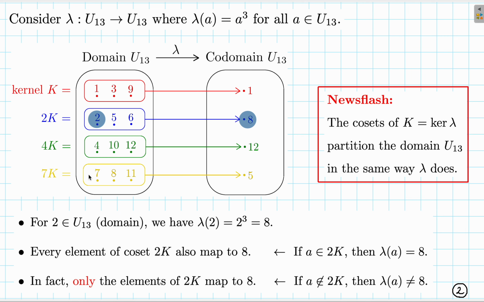So only the elements of 2K, that coset, map to 8. So if we have an element such as 10, that's in a different coset, then lambda of 10 does not equal 8. Lambda of 10 is equal to 12. And so we have this claim that if a is not in 2K, then lambda of a does not equal 8. And so that's the more precise formulation of our newsflash, and we'll state it as a theorem in the next slide.